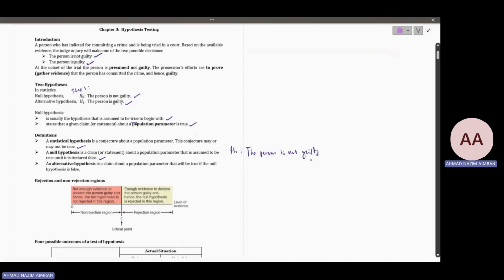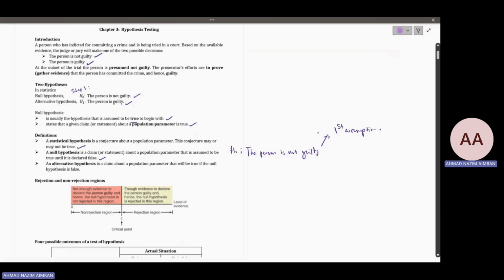This is our first assumption, and until we have enough data or evidence to show that this assumption is not correct, or not true, we assume that it is true.